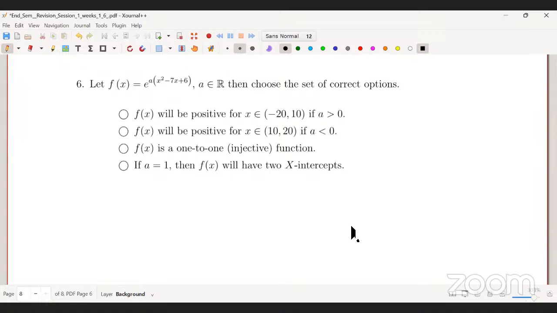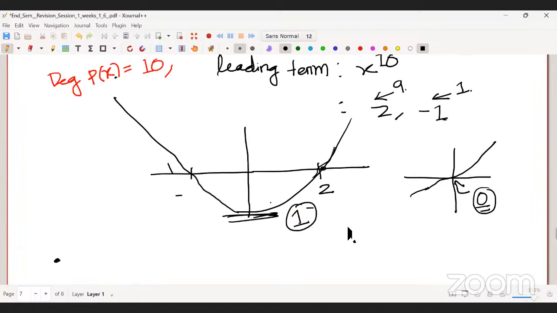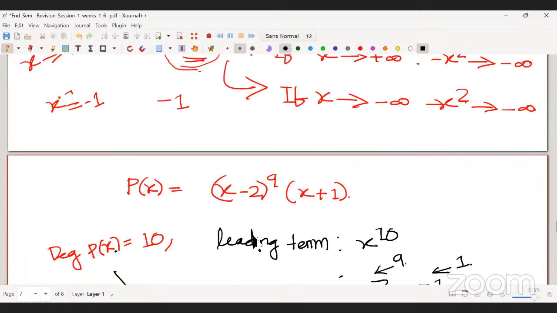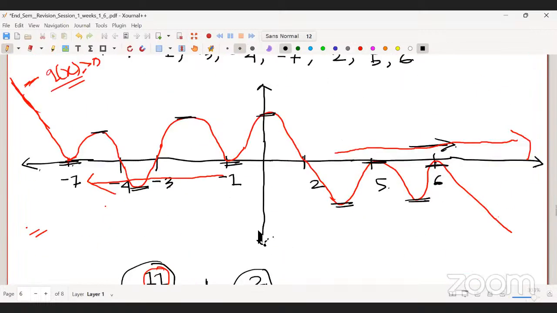It's a point of maxima or minima. So basically we're taking all the points which are either a point of maxima or a point of minima. That's why we are considering only these points. So this is a point of local minima.